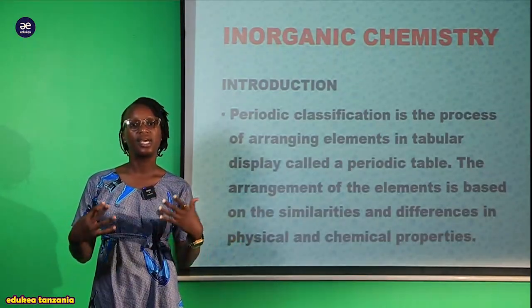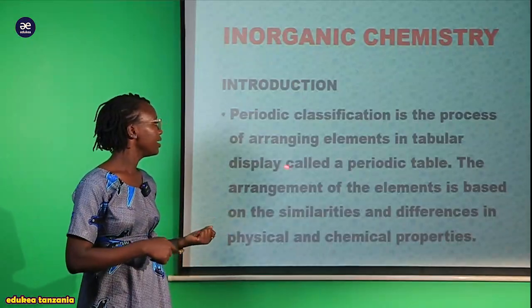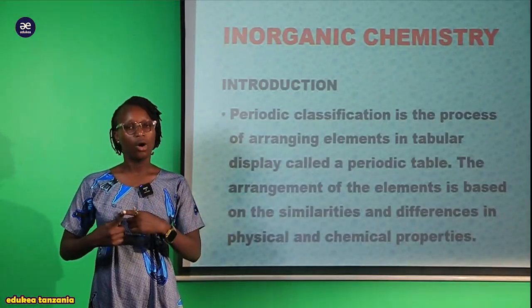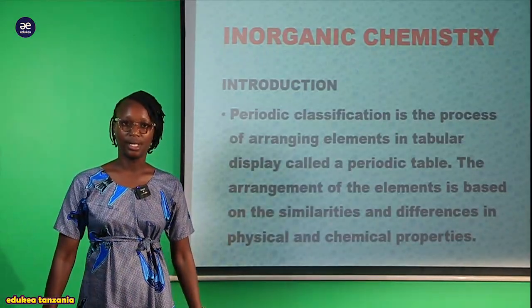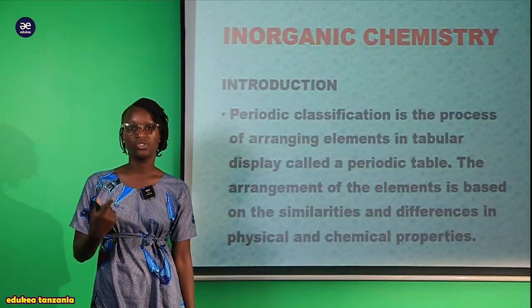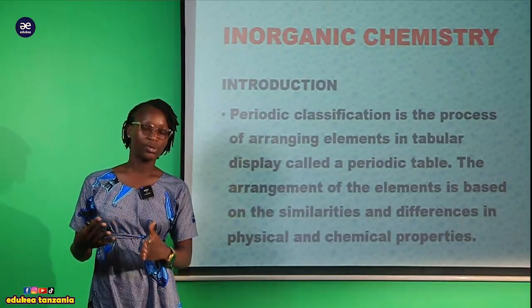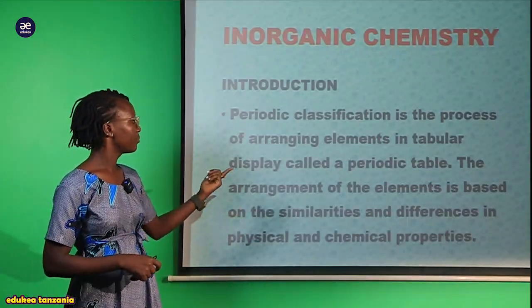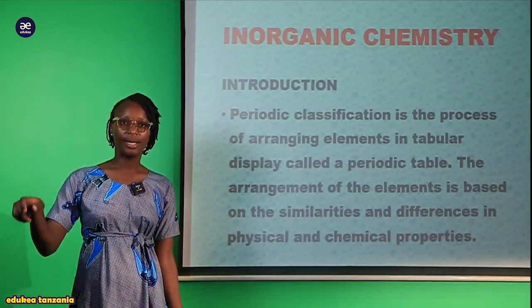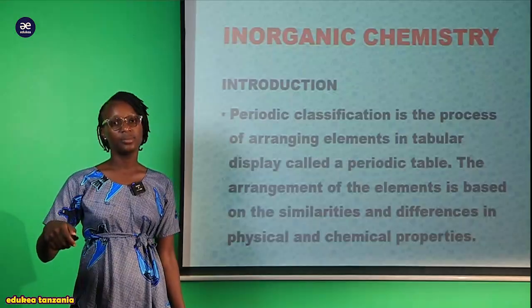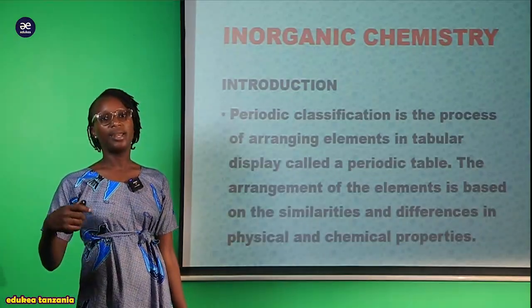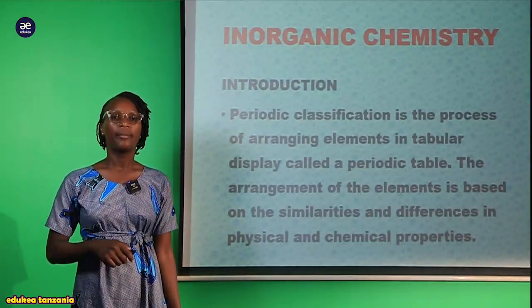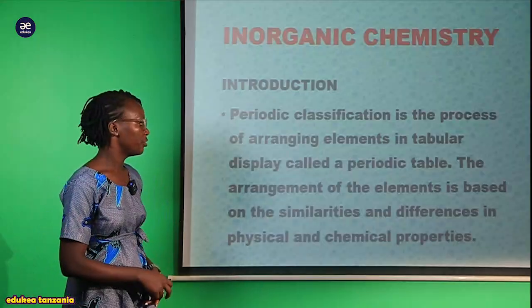Ina maana kwamba kwenye table, ambapo hii tabular display au tabular form always is known as periodic table. Kwa hiyo utaona kwamba kwa kidato cha kwanza ulisema kuhusiana periodic table. Kwa hiyo hapa tunajaribu kurecall. So when we talk about periodic classification, elewa kwamba ni ile process nzima ya kufanya arrangement ya element katika tabular display au katika tabular form, ambayo is known as periodic table.